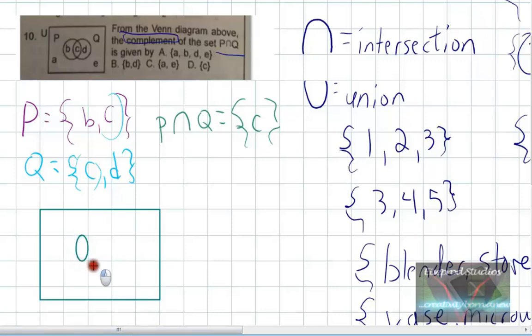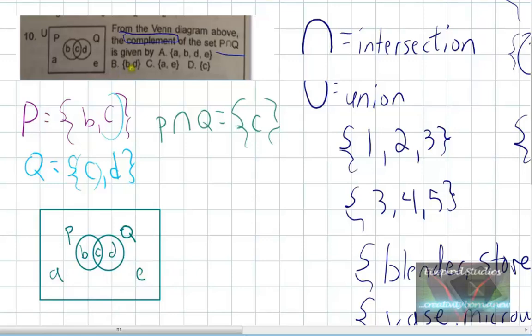One more time, and then if I don't get it, we'll just move on. Okay, I'll do one more time. There, that's good. Okay, so here we have two circles. One of them is called P, and one of them is called Q. And then we have these points of interest: lowercase b, lowercase c, lowercase d, lowercase a, and lowercase e.